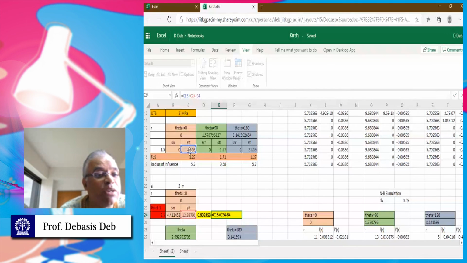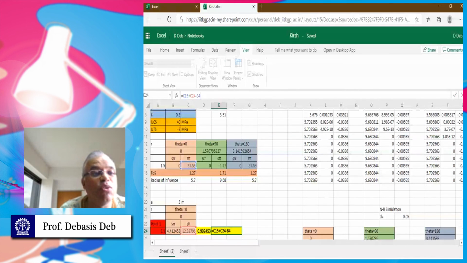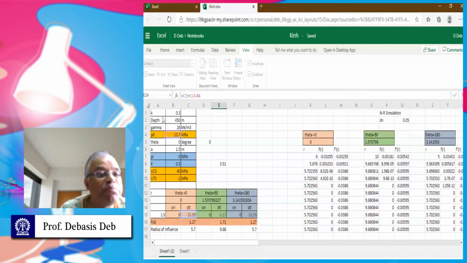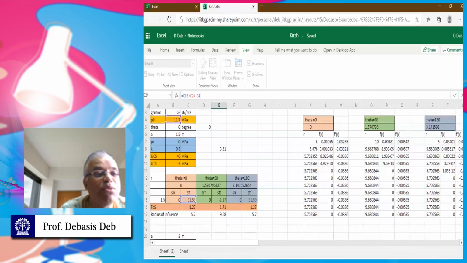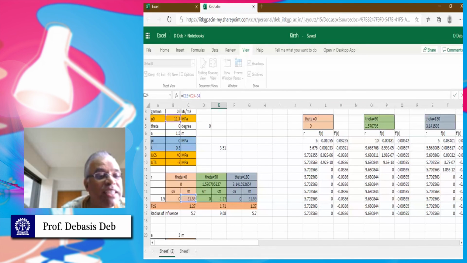This is due to tunnel 1, C15, so 31.59. Then I have added this one, C24, which is 12.83. It is due to tunnel number 2. Then minus B4. Now what is that B4? I go a little up. B4 is P naught. Okay, I am subtracting this. Now can anybody tell me why I have subtracted P naught here?